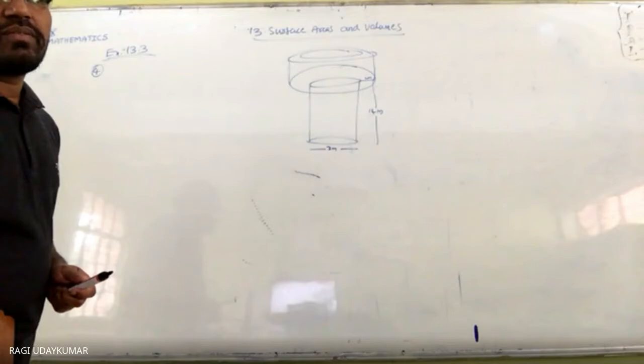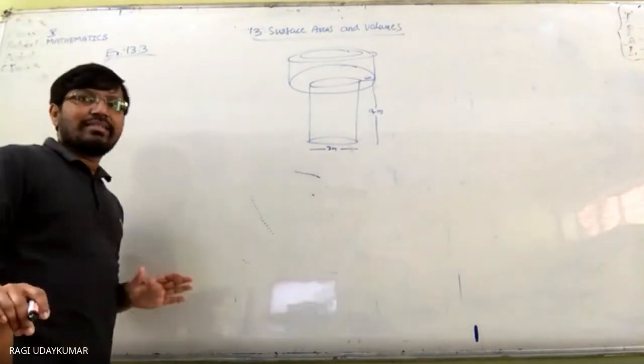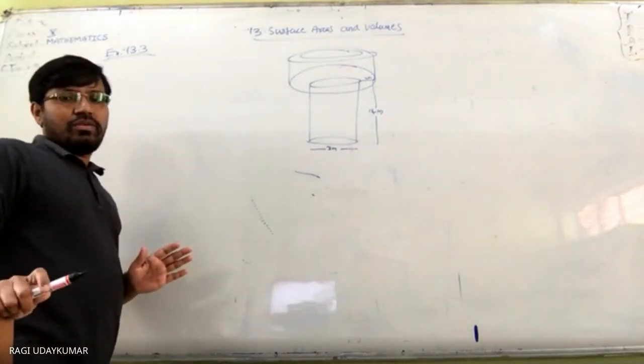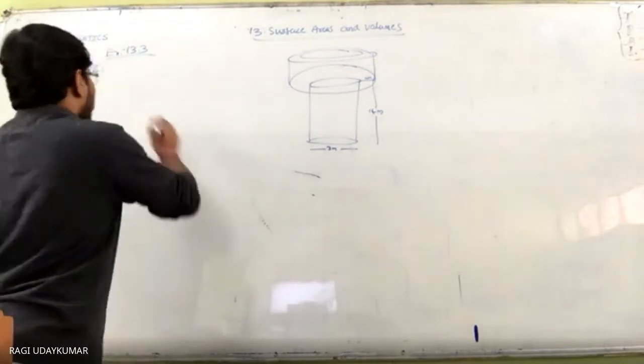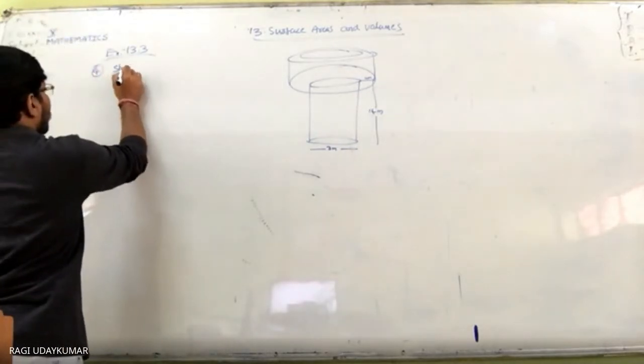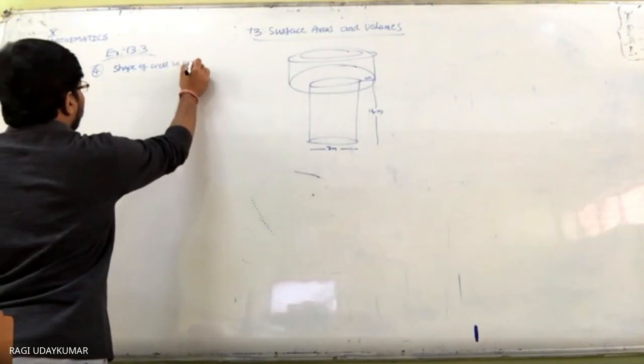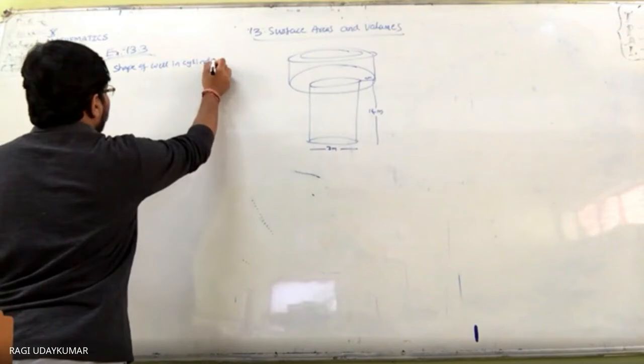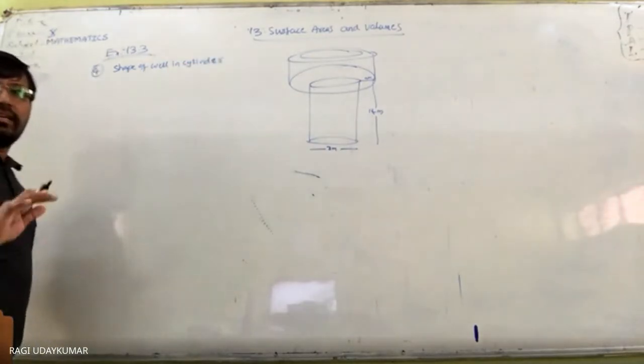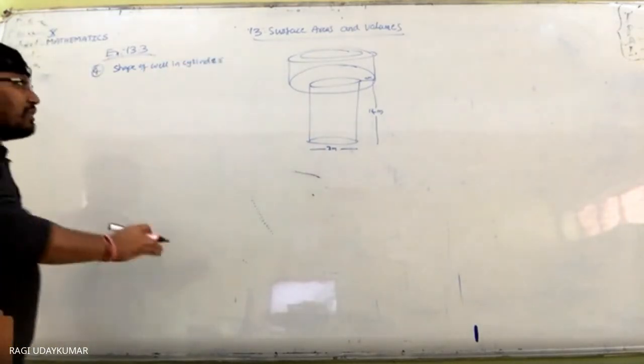Now the question you have read: the shape of the well is in cylindrical form, right? It is cylindrical. And the depth is given to you.